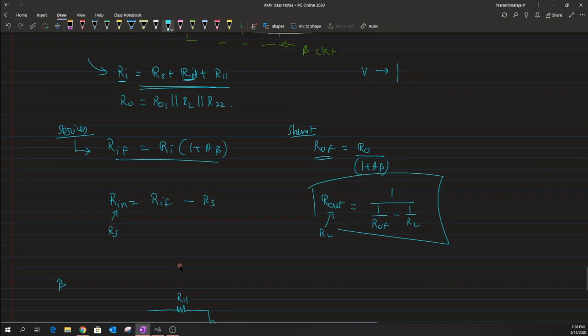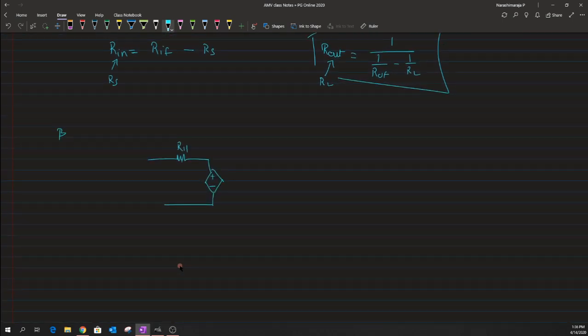Yeah, there are a lot of things I have to discuss. Let me discuss the question of R11 and R22 as well as the beta. So I will use this model. The input is basically a current, which is II.